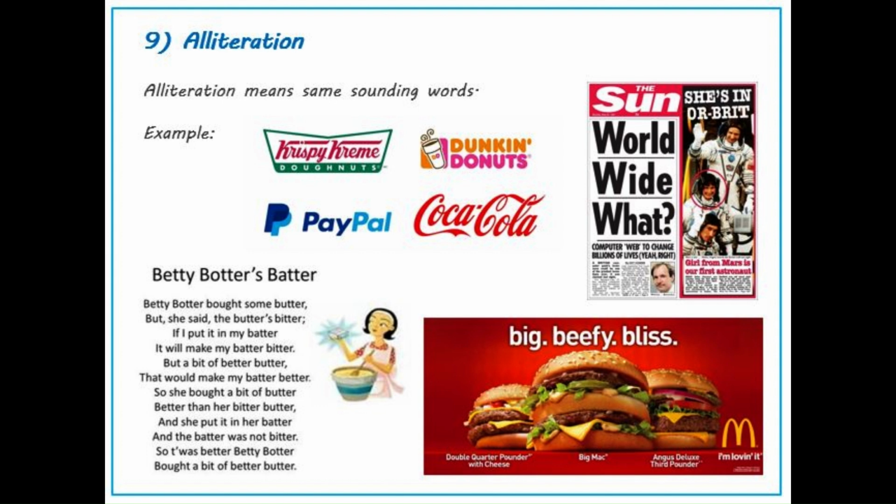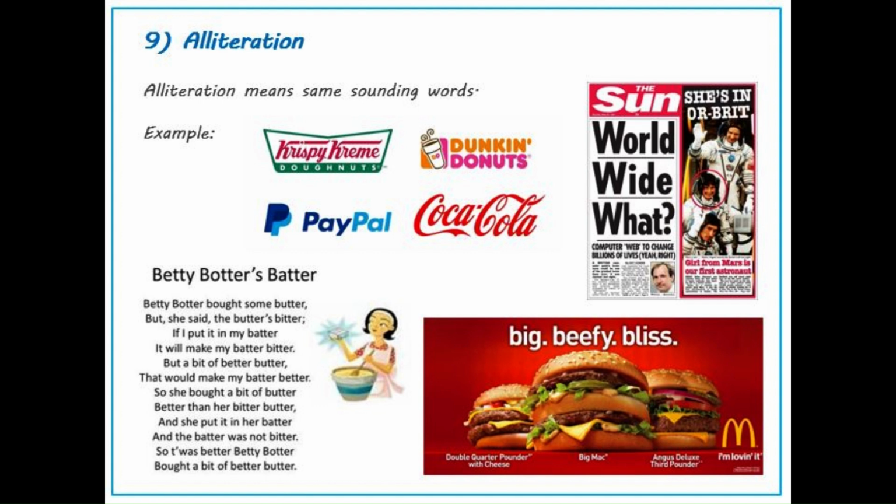So, worldwide and what are all alliteration, they all start with the letter W. Sometimes alliteration is also used by big companies for advertisement because once again it attracts the reader's attention and it makes it look like fun. Look at the McDonald's advertisement here that says Big Beefy Bliss. All B's and all same sounding letters.